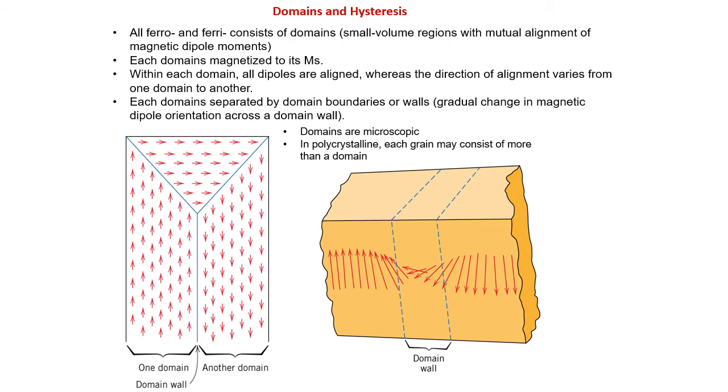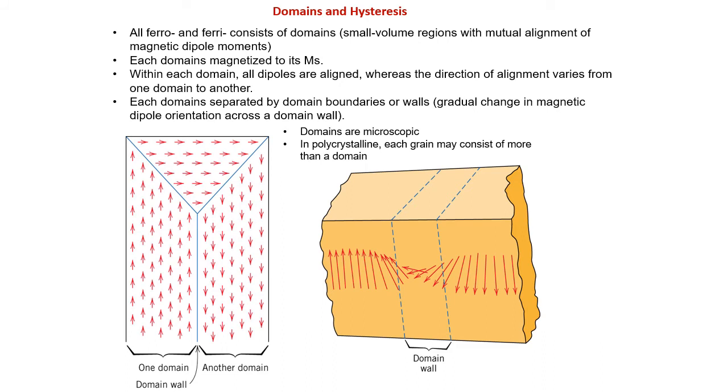Domains and hysteresis. All ferro and ferrimagnetic materials consist of domains, small volume regions with mutual alignment of magnetic dipole moments. Each domain is magnetized to its saturation magnetization. Within each domain, all dipoles are aligned, whereas the direction of alignment varies from one domain to another.